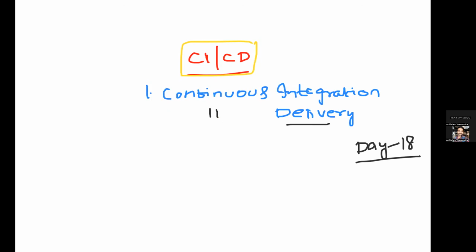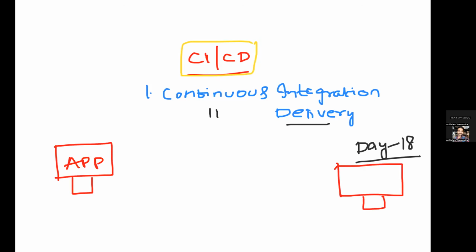Now let's try to understand this using a practical, real-time example. Let's say you are an application developer and you have developed your application on your personal laptop, and your customer is sitting somewhere in the USA or Europe or some other part of the world. How is your application delivered from your personal laptop to the customer in a different part of the world?